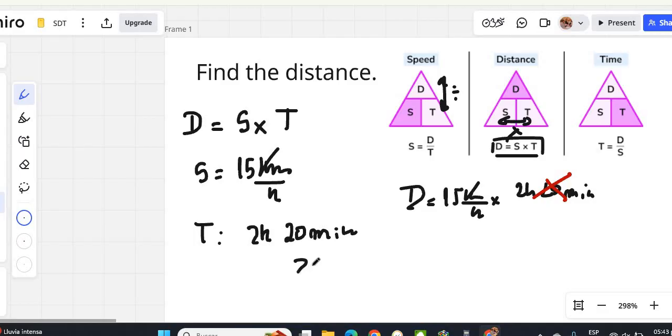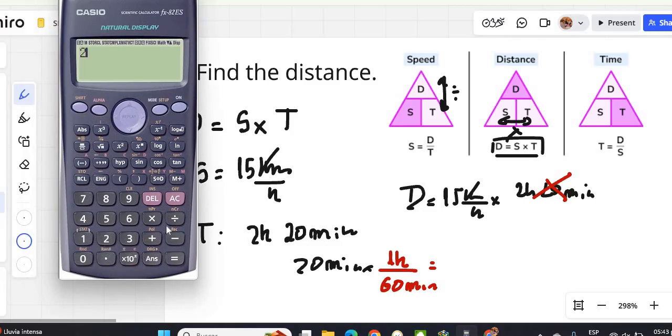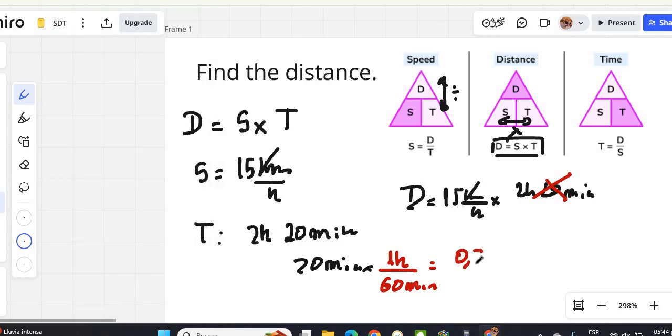You have to multiply the 20 minutes by a factor. Which factor? The factor is that 1 hour is 60 minutes. So when you solve this, basically what you have to do is 20 divided by 60. This is 0.33 hours.